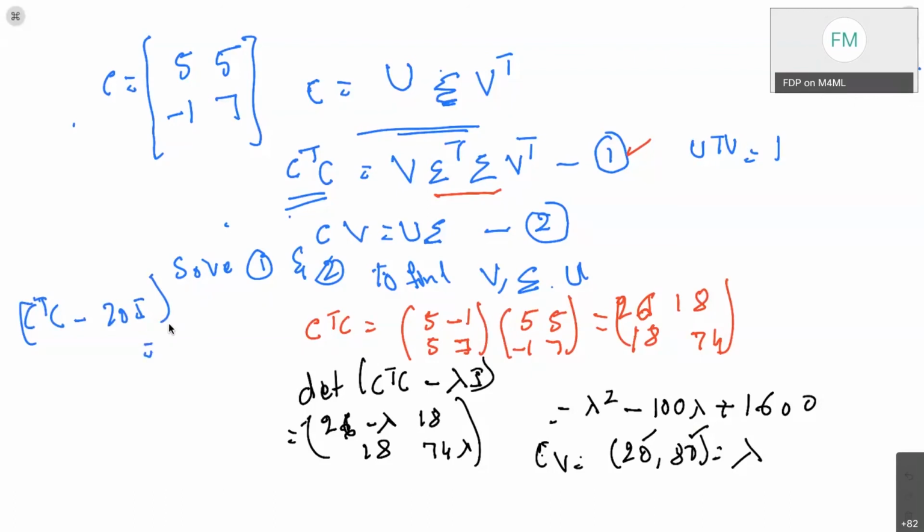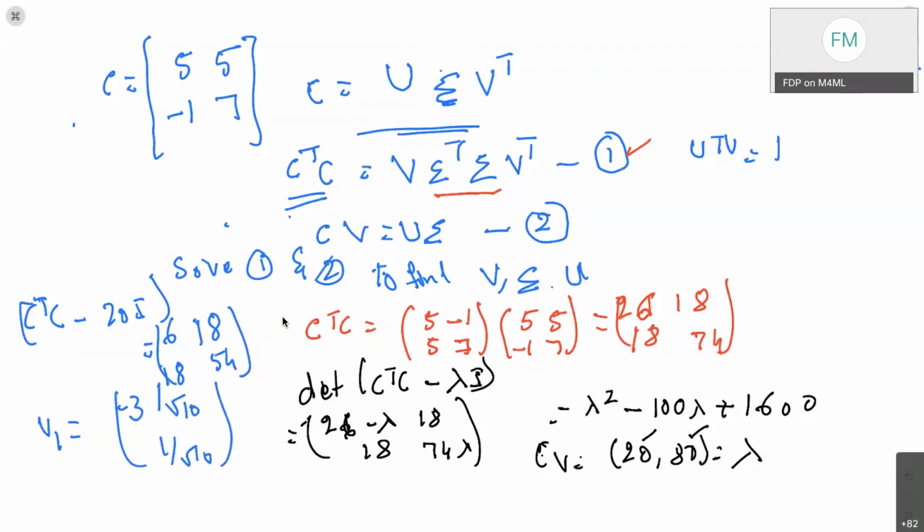So that is 16, 6, 18, 18, 18, 54. Now this has resulted in minus 3 by root 10 and 1 by root 10.